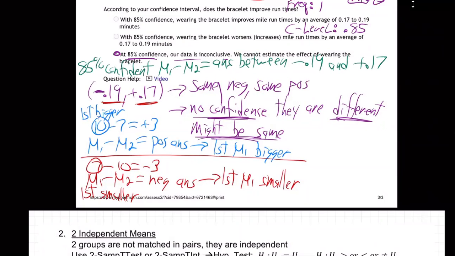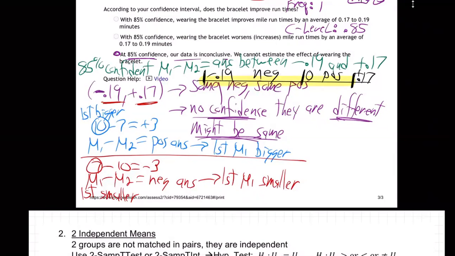So in other words, if you drew a number line right here, going from negative 0.19 to positive 0.17, here's 0 about right there. Your difference is somewhere between negative 0.19 and positive 0.17. So there's negative territory there and positive territory there.